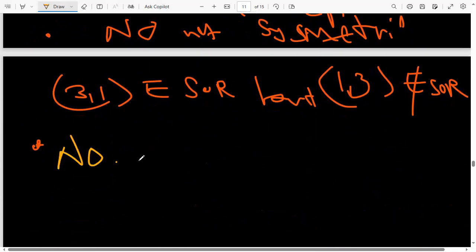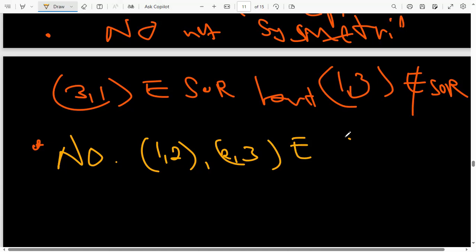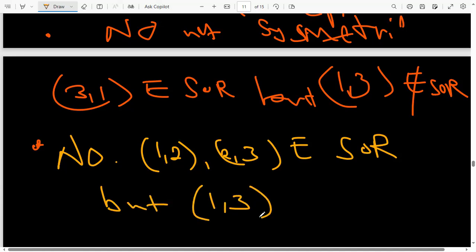So we can say no. Why? Because I have 1, 2 and 2, 3, which are members of the relation S of R, but 1, 3 is not a member of this S of R.